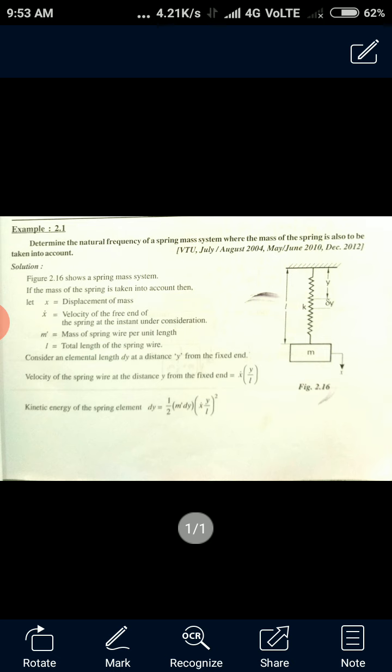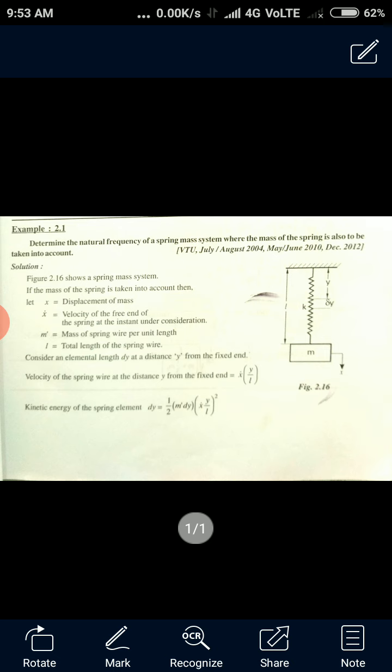So the kinetic energy for this element dy is 1 by 2 m dash dy, which is the mass, and the velocity is x dot y by L, whole square. This is the kinetic energy for the small element dy of the spring.